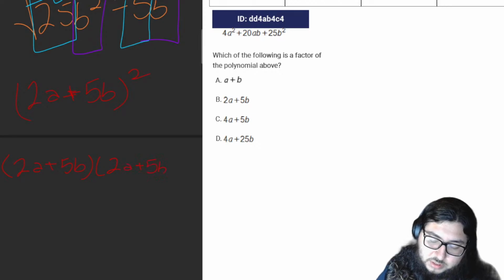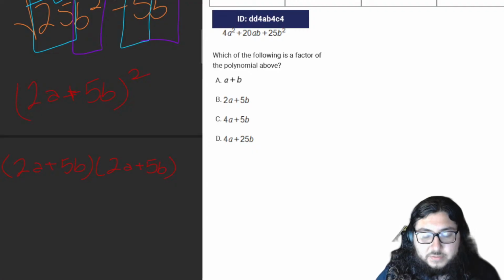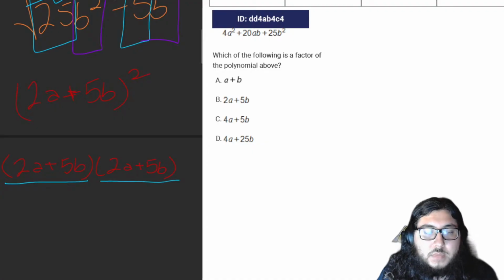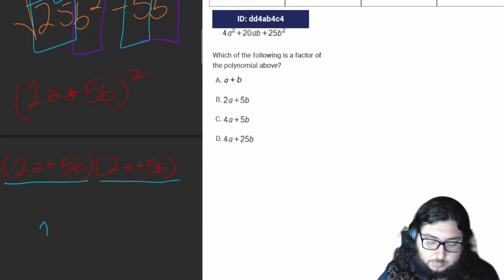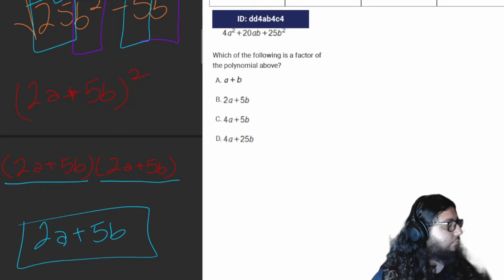And recall that the definition of factors of x are two numbers which can multiply together to get x. So here we have 2a plus 5b times 2a plus 5b equals some polynomial. So that means that 2a plus 5b is a factor of that polynomial. And that would be our answer.